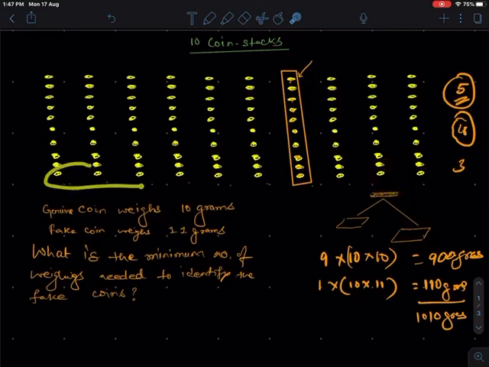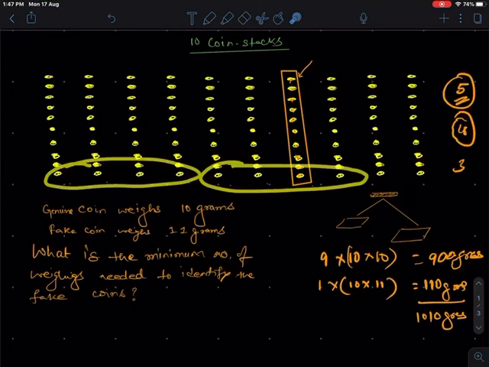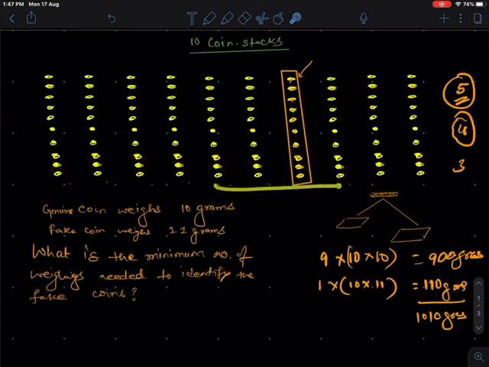And if these two groups do not balance, I know that it belongs to this group. So again I have to do another comparison between this 2 and this 2, and then I'll know this one, and then I'll have to do this one and this one. So this is 3.